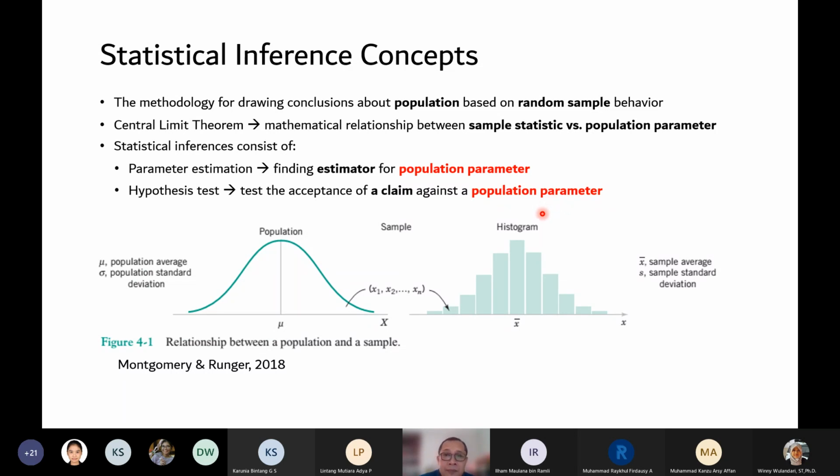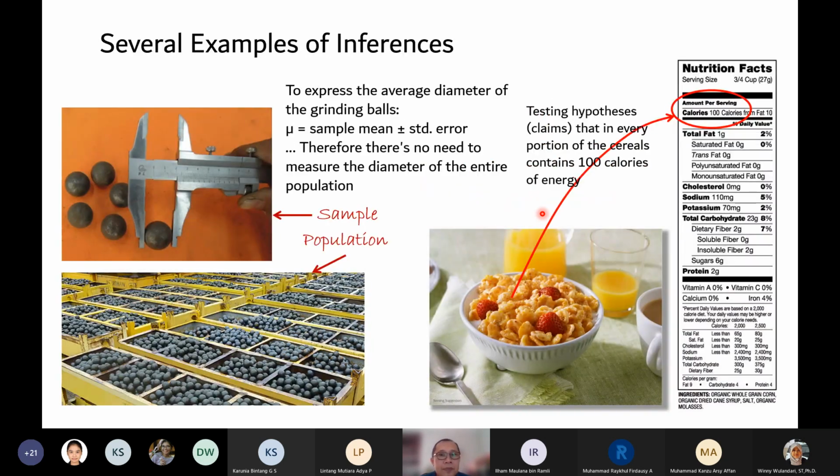That's my claim. So I'm making a claim about a population parameter, which in this case is the average GPA of the entire undergraduate student body at ITB. That claim needs to be checked, and the procedure for checking that claim is called a hypothesis test.